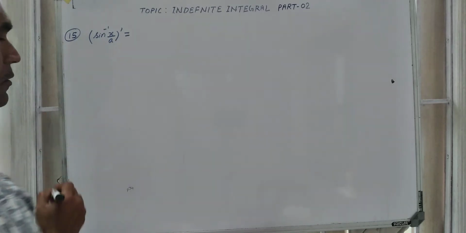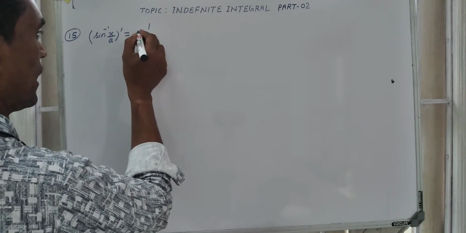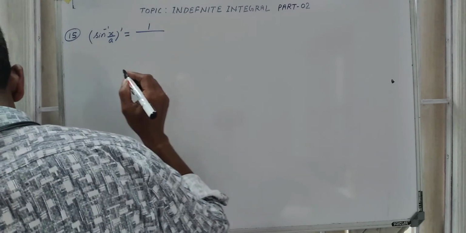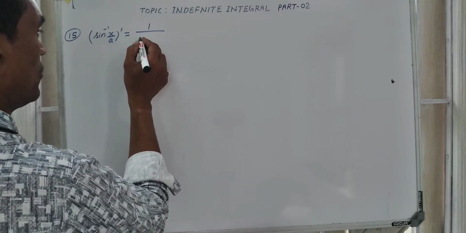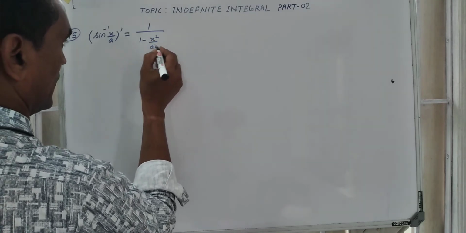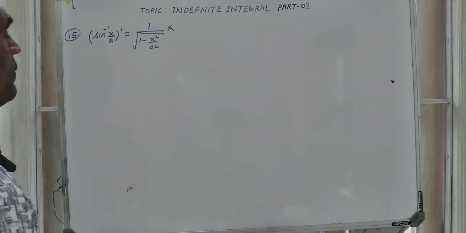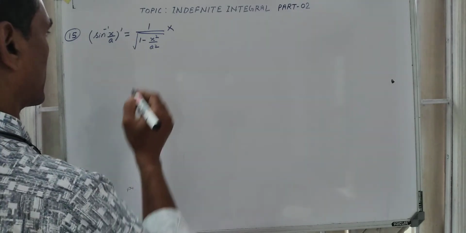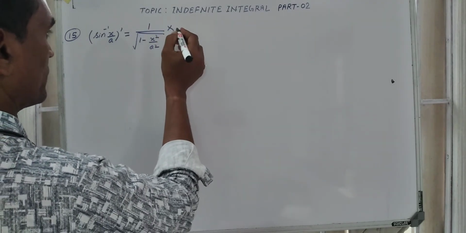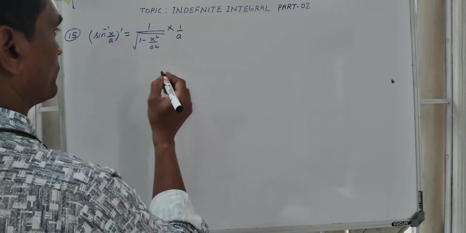What is the derivative of sine inverse x by a? You can apply the chain rule here: 1 by the square root of 1 minus x square by a square, into the derivative of x by a, or you can multiply by the coefficient of x, which is 1 by a.